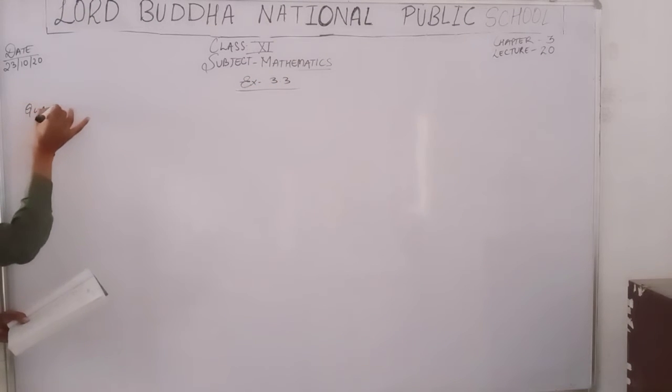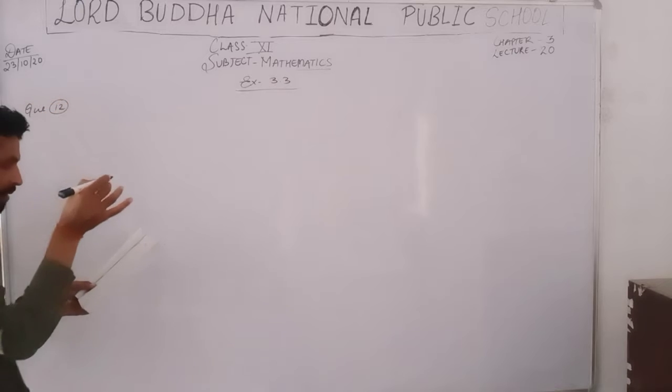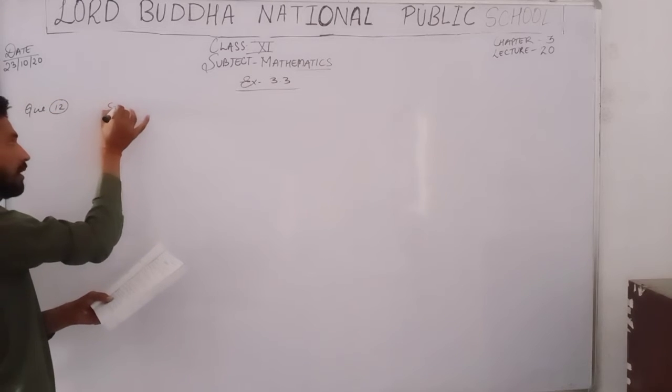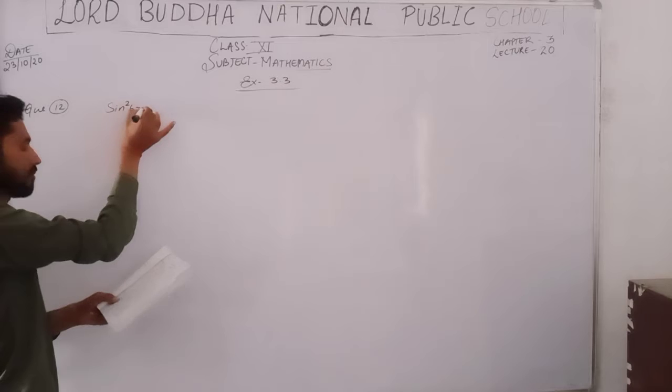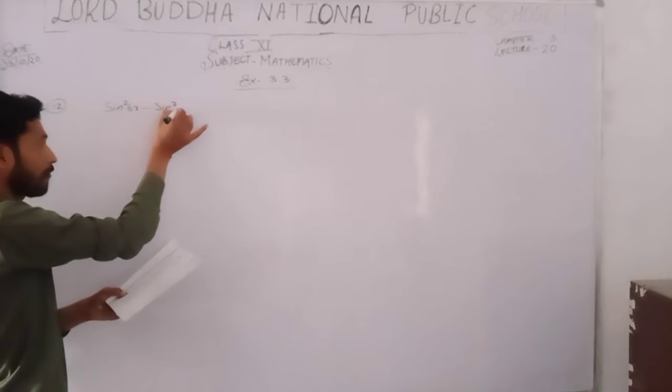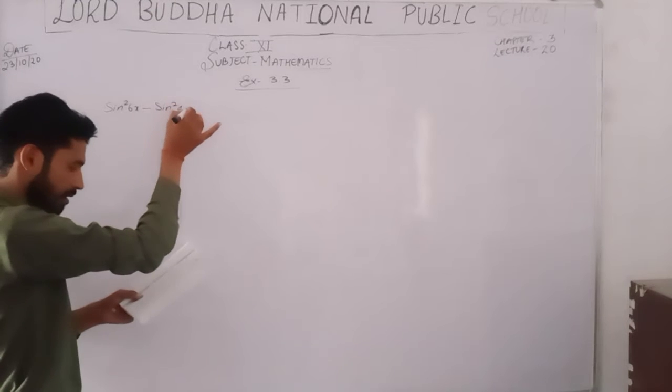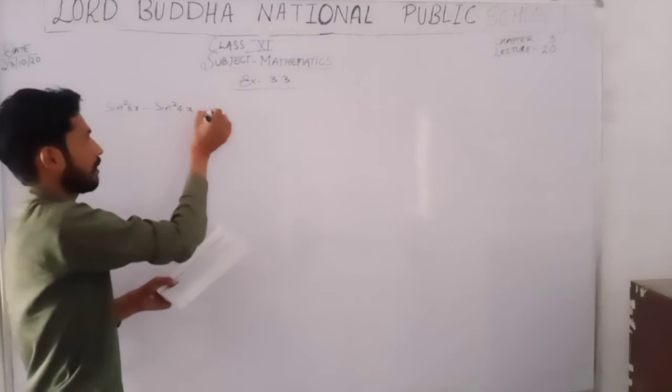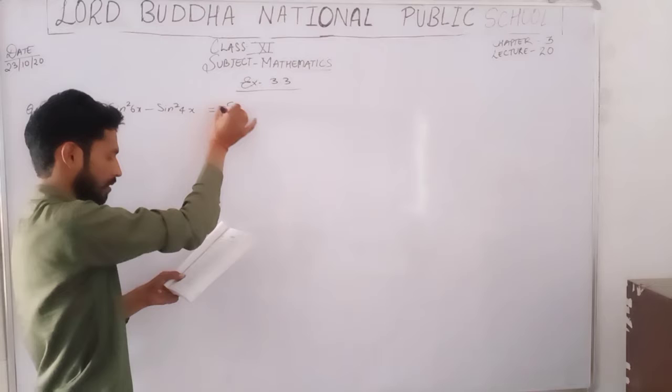Question number 12 is sin square 6x minus sin square 4x equals sin 2x into sin 10x.